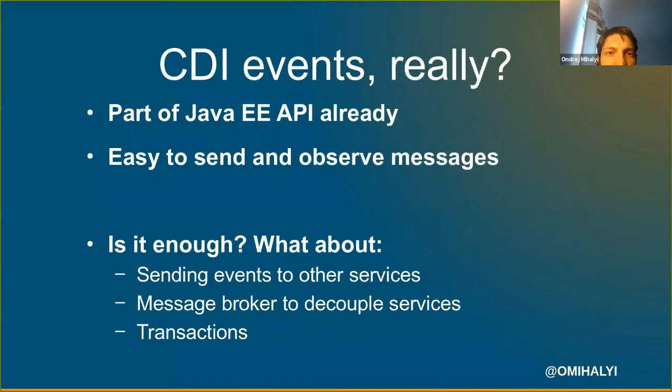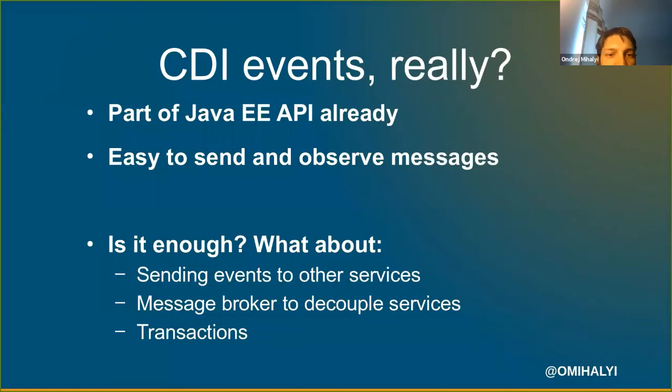The downside is it only works within a single JVM, so it's not very convenient to really send messages across the network, because it doesn't work. It just sends events between components within a monolith, within a single service.